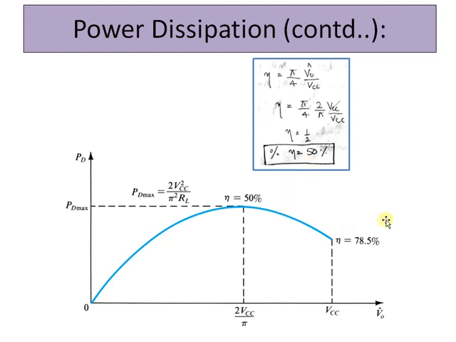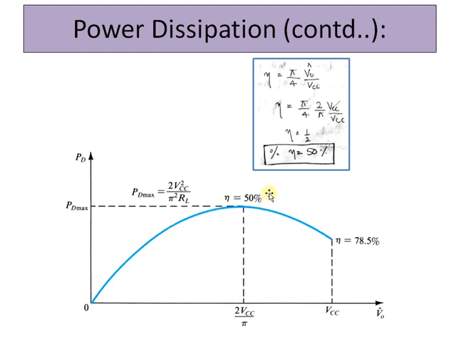So what we can see is that increasing the output voltage beyond 2 VCC by pi decreases the power dissipation in class B while it increases the load power, and the price paid is the increase in nonlinear distortion as a result of approaching the saturation region of the transistors QN and QP.